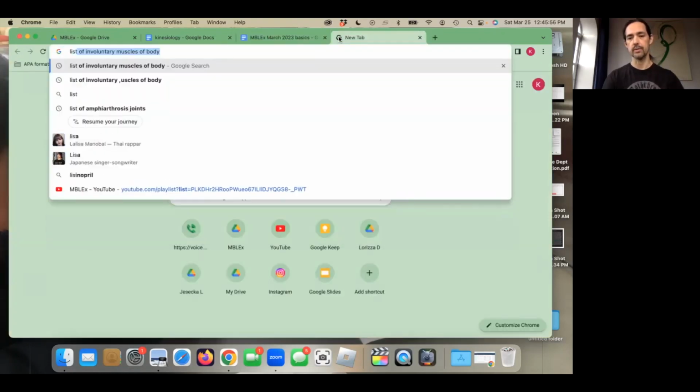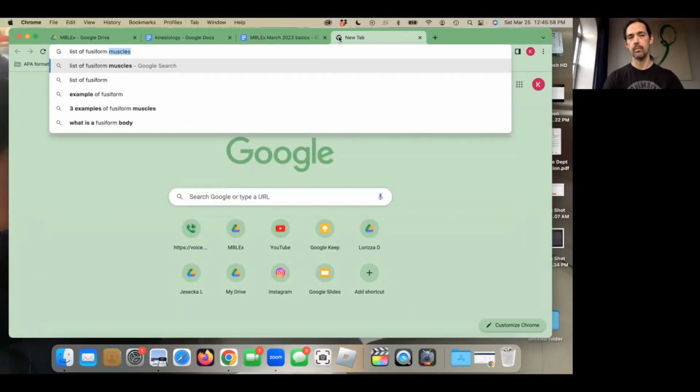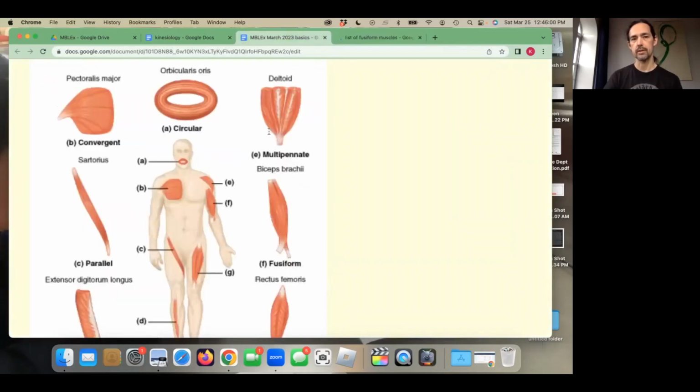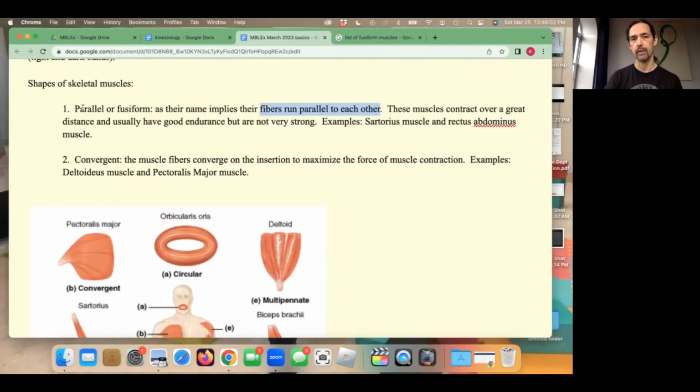So let's get a list of fusiform muscles. It's called fusiform or parallel.